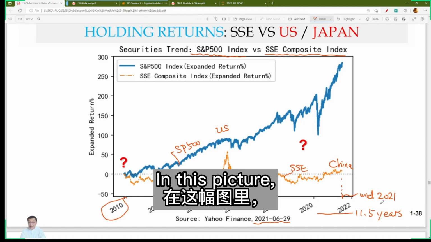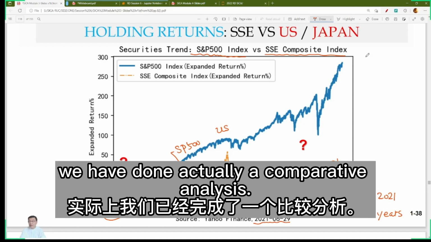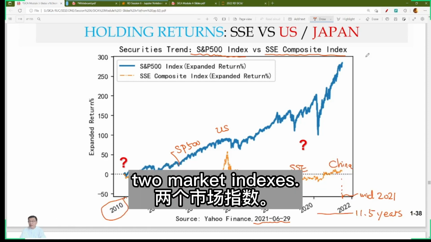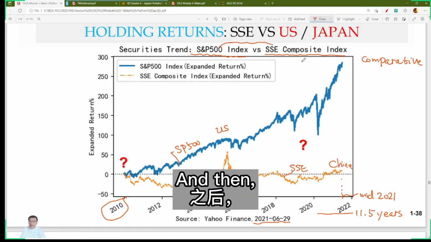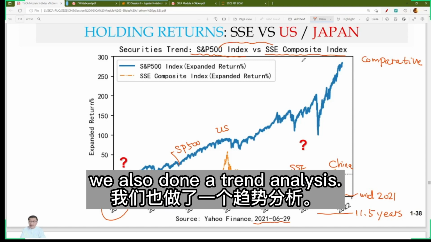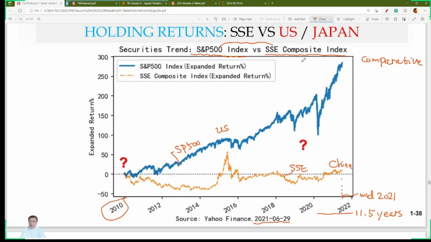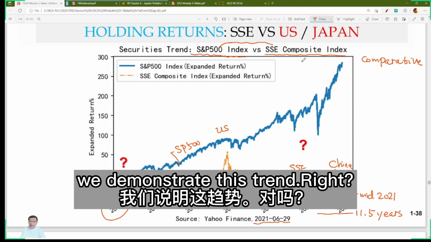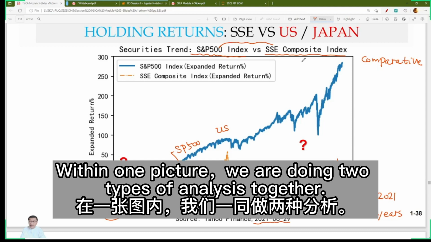And in this picture, we have actually done a comparative analysis. We compare two market indexes. And then we also do a trend analysis, because for any of the curves, we demonstrate the trend, right? Within one picture, we are doing two types of analysis together.